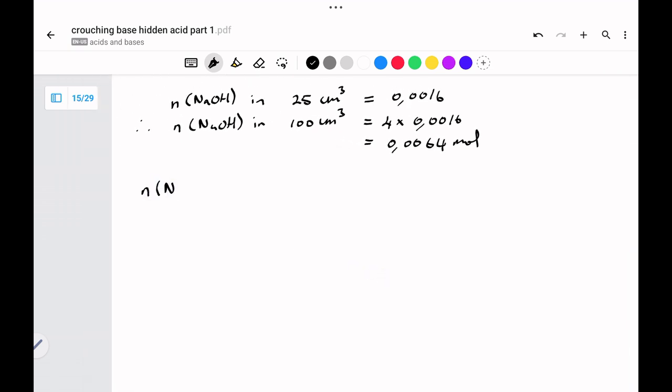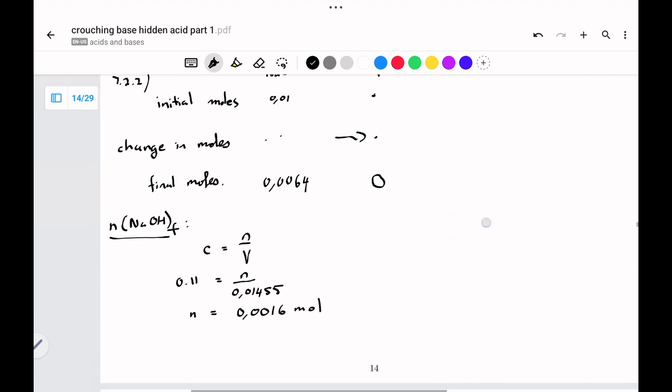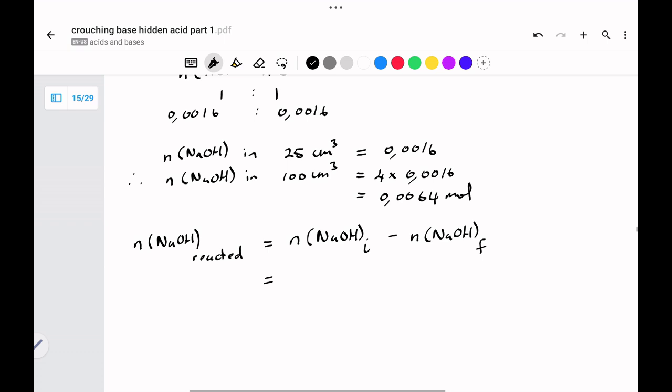Moles of sodium hydroxide that reacted is equal to the moles of sodium hydroxide that we had in the initial state minus the moles of sodium hydroxide that we had in the final state. The initial was 0.01 and the final state is this number.